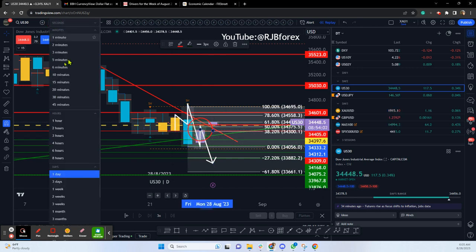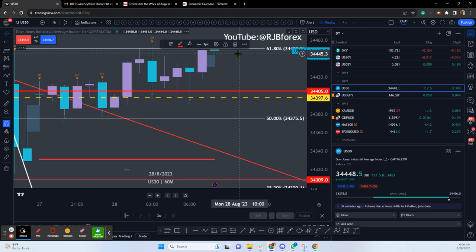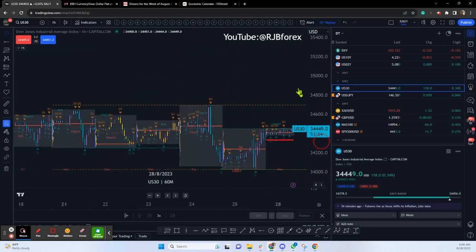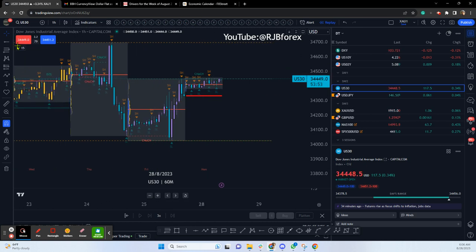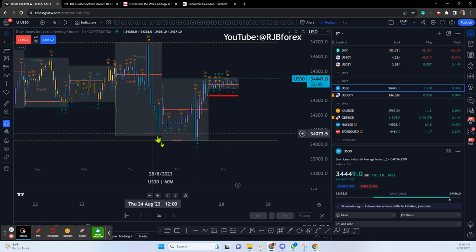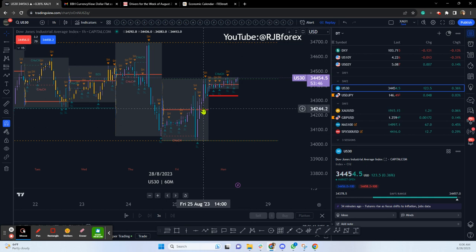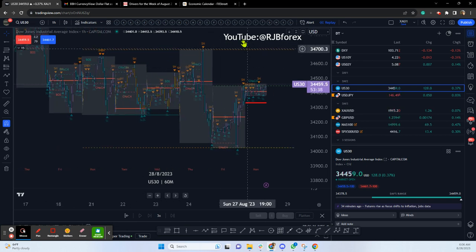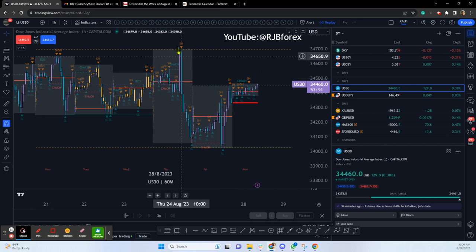Let's look at the hourly chart. I'm going to clean up this chart entirely. I don't think there's workings anymore. No, it's a day two. Friday was a day one of the 3-day cycle. Bear with me.